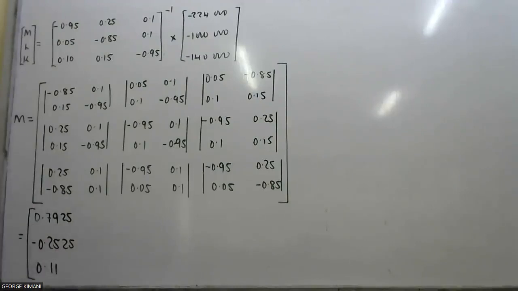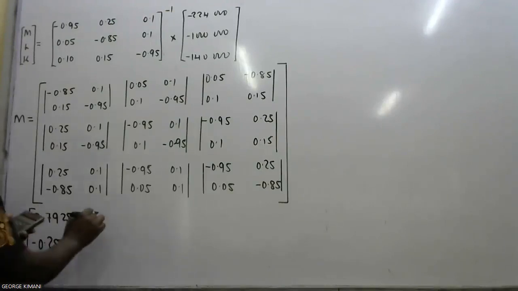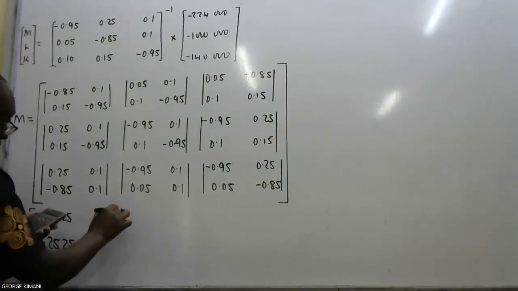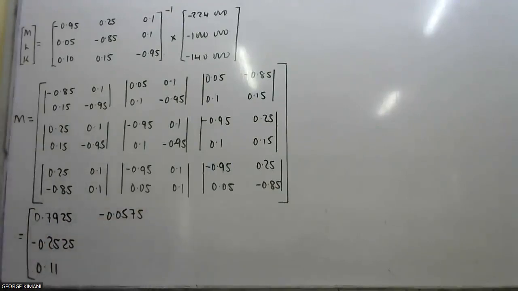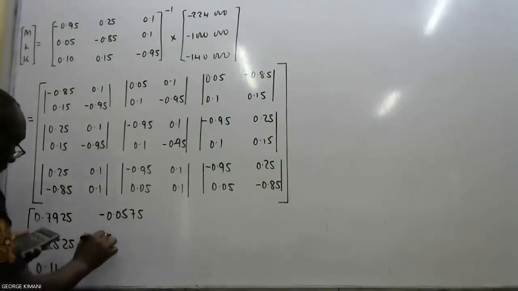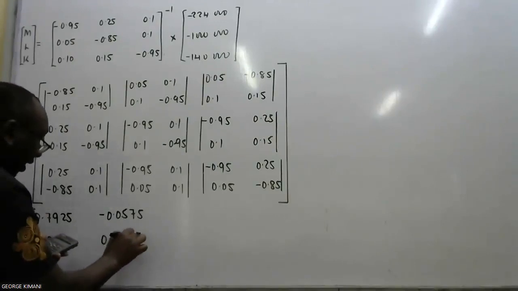Kuje kwa ile ya pili niseme 0.05 times minus 0.95 minus 0.1 times 0.1, getting negative 0.0575. Minus 0.95 times minus 0.95 minus 0.1 times 0.1, getting 0.8925.